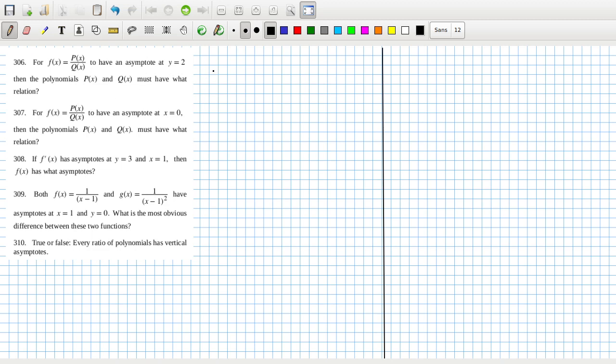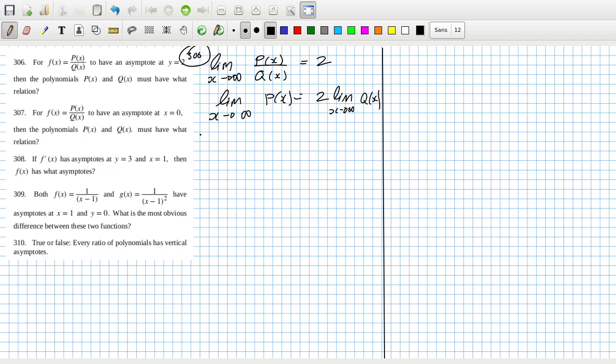So I think we want to say that the limit as x goes to infinity of p(x) over q(x) equals 2. So I guess we could just say the limit as x goes to infinity of p(x) equals twice the limit as x goes to infinity of q(x). I guess that's what they want here.